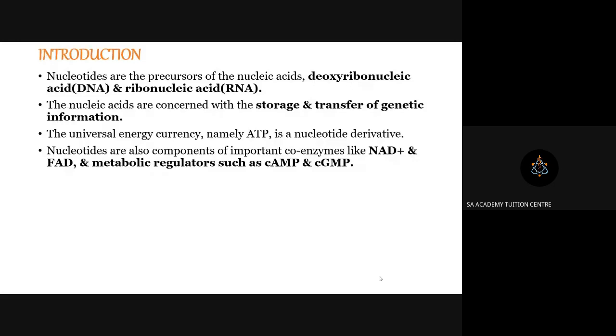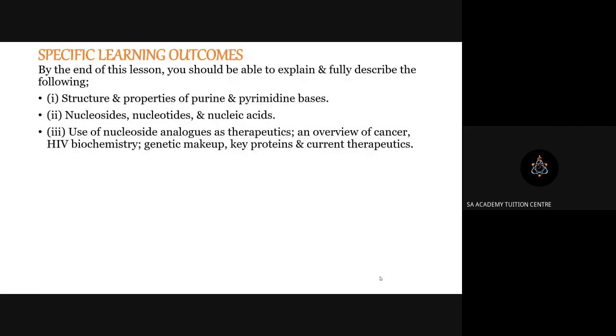Compounds like FAD, which is flavin adenine dinucleotide, NAD plus, which is oxidized nicotinamide adenine dinucleotide, and other metabolic regulators such as cyclic AMP and cyclic GMP, they are nucleotides. So that was an introduction.